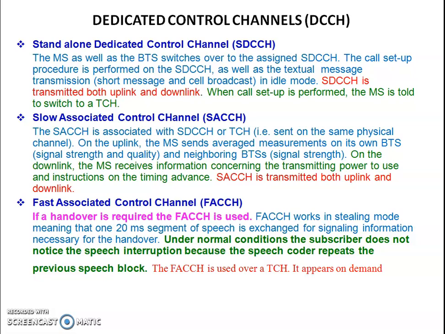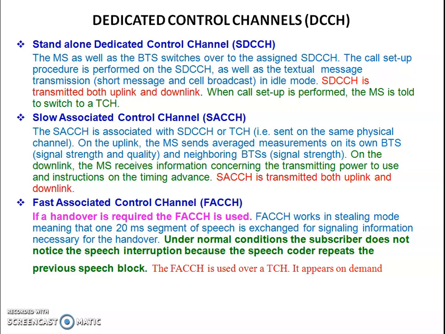The fast associated control channel works in stealing mode, meaning that one 20 millisecond segment of speech is exchanged for signaling information necessary for the handover. Under normal conditions, the subscriber does not notice the speech interruption because the speech coder repeats the previous speech block. This channel is used over the traffic channel.